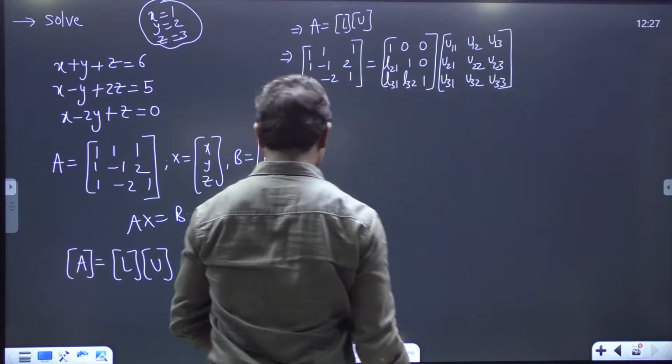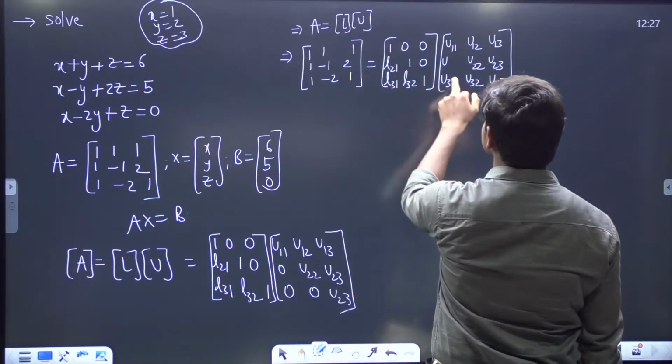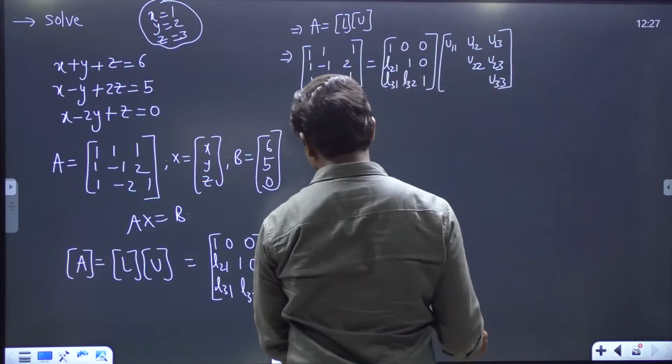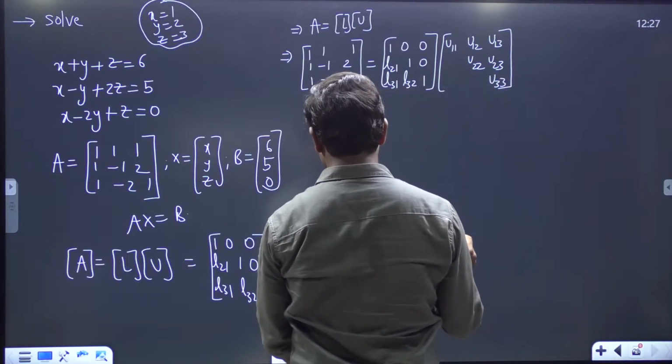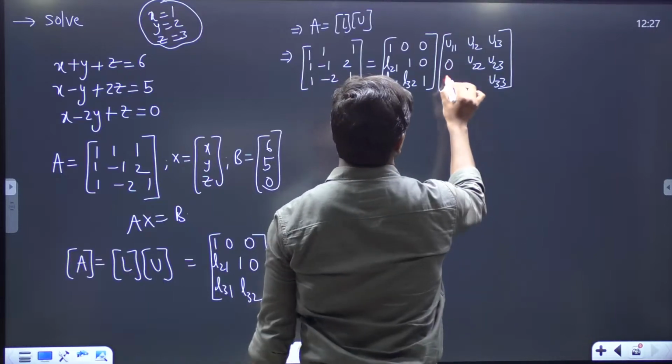Okay, so these elements are zeros. All this is an upper triangular matrix, correct? So we'll make all the lower diagonal elements zeros.